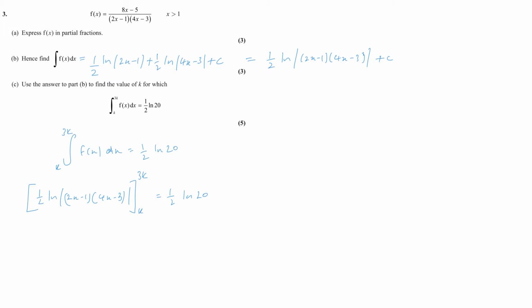So, I could get rid of the halves on both sides at the moment, but I'll leave it for the time being.